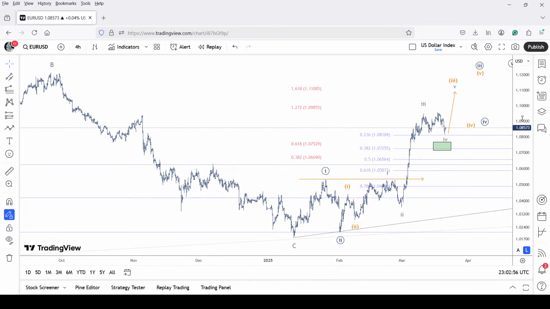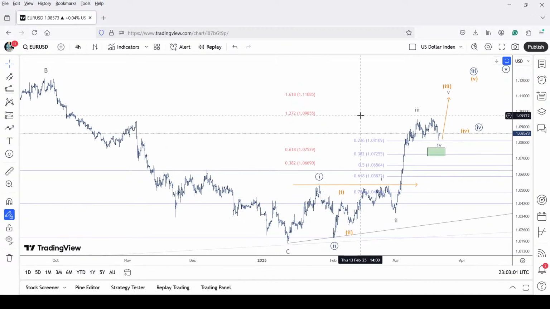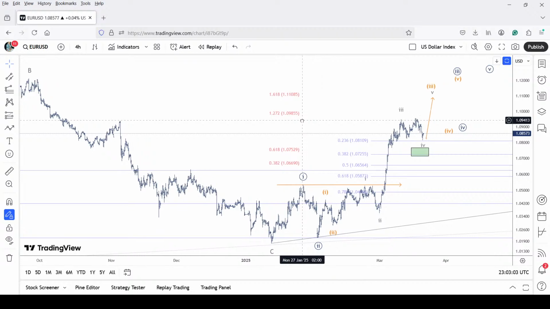Now there are two potential wave counts coming into picture. It is either the minute wave 3 is extending, with 1, 2, 3, 4, and the last wave remaining.